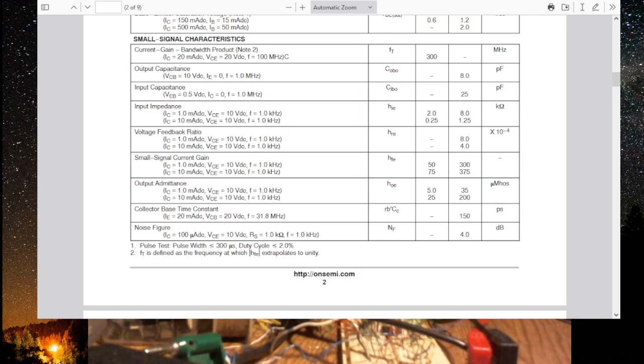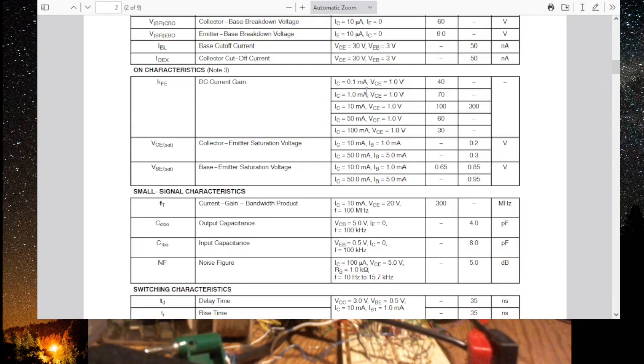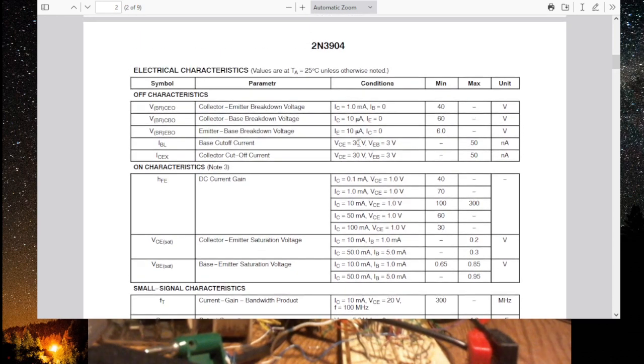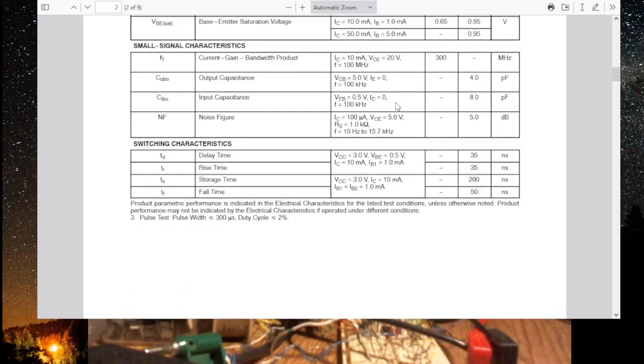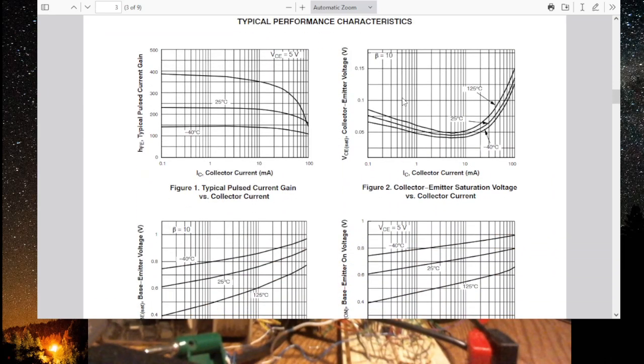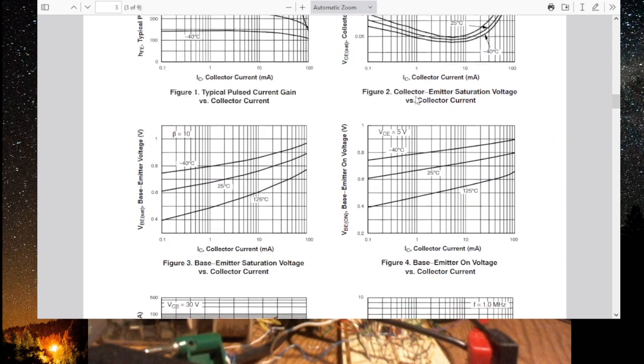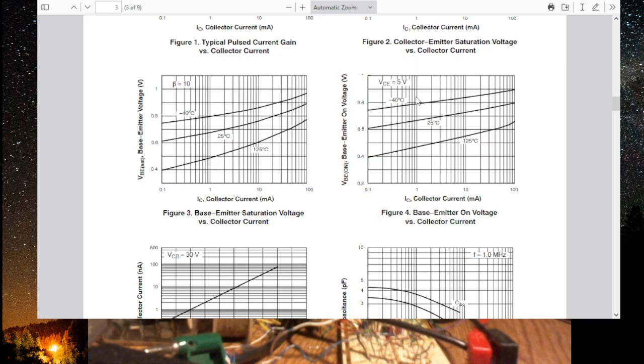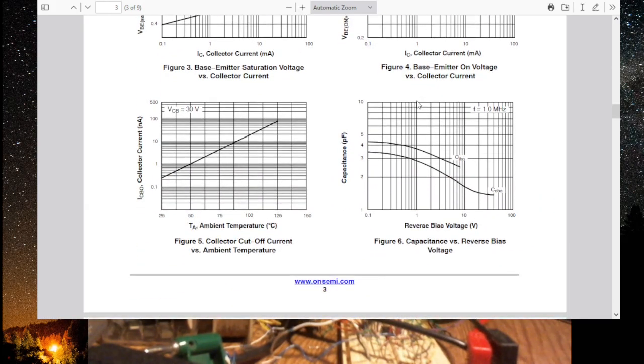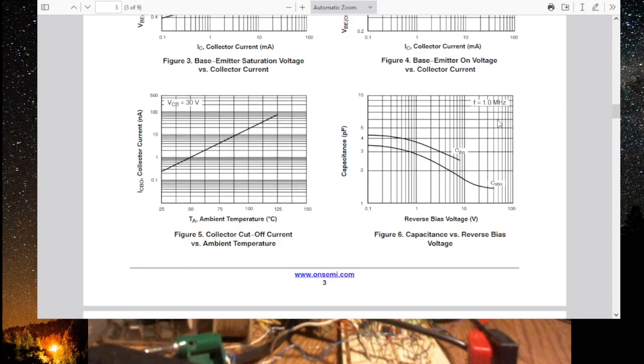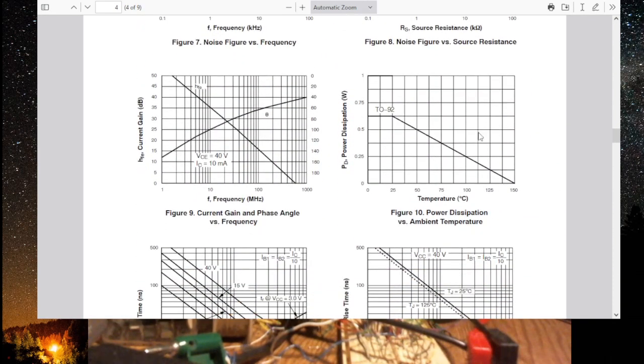That's that one. What about this one here? Doesn't really say. It must be in the k ohms. I'm thinking I'm going to use this 3904. That's what I'm thinking. Or I could try them both.